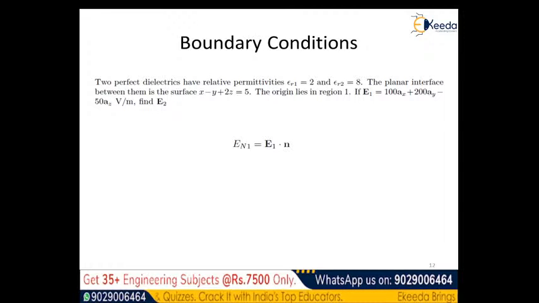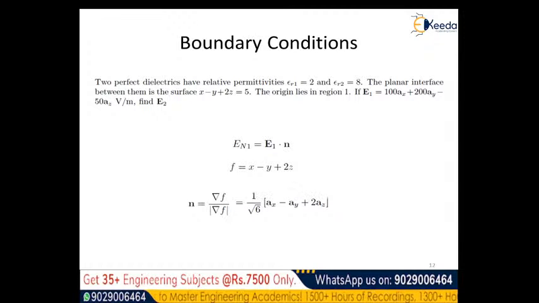So if here we take f is equal to x minus y plus 2z, that is the planar interface between the two regions here, the unit vector that is normal to the surface we can obtain as del f divided by the magnitude of del f here.